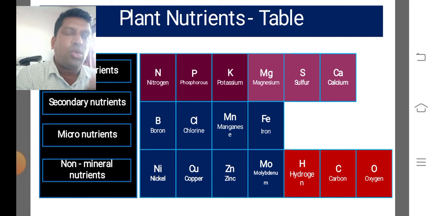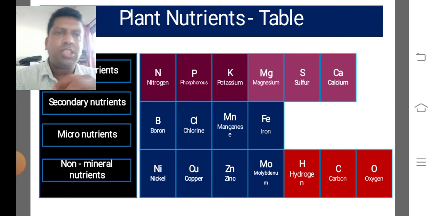They are not needed in the quantity as much as the macronutrients, but they are needed very essentially for the plant growth. Then we have non-mineral nutrients like hydrogen, carbon, and oxygen. Plants get these nutrients from the atmosphere or from the water directly, and this includes hydrogen, carbon, and oxygen.